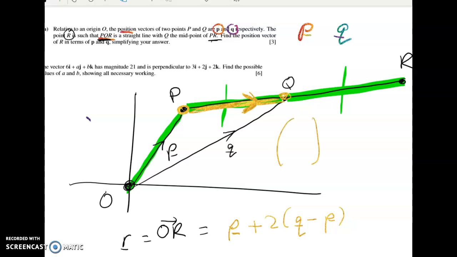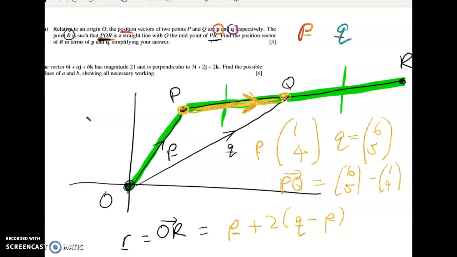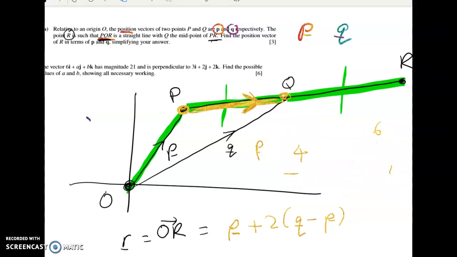Say P was 1, 4, and suppose Q was, I don't know, 6, 5, then the vector from P to Q is 6, 5 minus 1, 4, right? So you get really good at doing it with numbers, but sometimes it's a bit freaky when you have to go back to the abstract concepts.